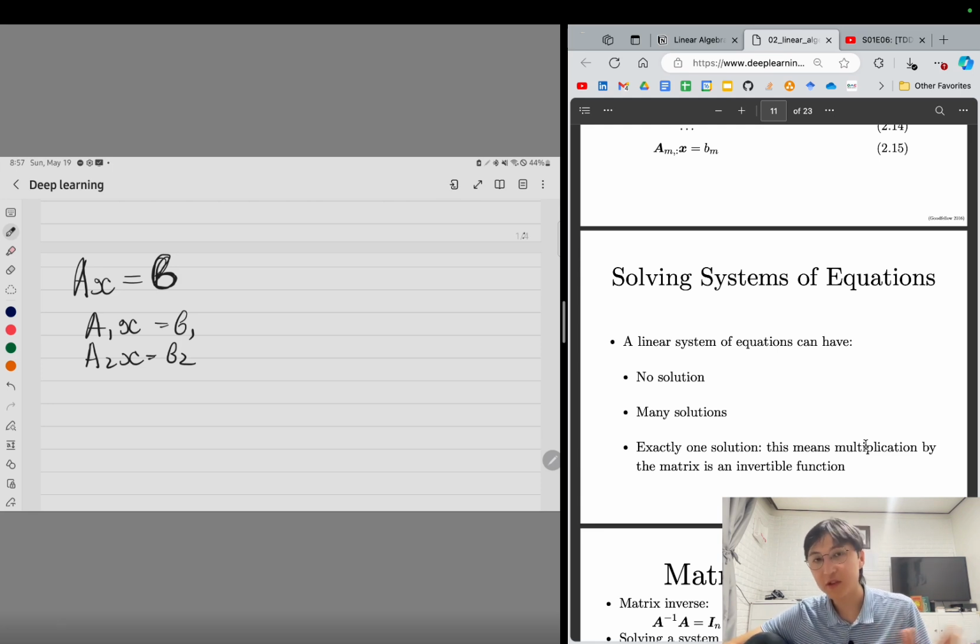Before talking about the matrix inverse, let's talk about what we can have as x, the solution. This linear system of equations can have no solution at all, a lot of solutions, or exactly one solution.